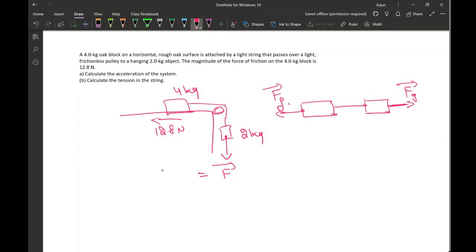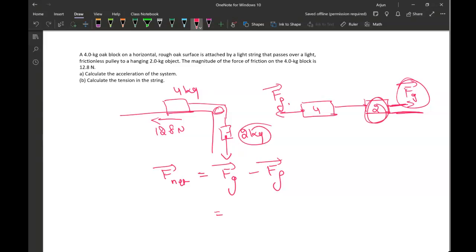So the equation will be: F net is equal to Fg. I'll consider this value as positive because I'm taking it to the right side. This is 4 kg, this is 2 kg, minus force of friction. This Fg is acting only on 2 kg because this 2 kg is moving in the downward direction.